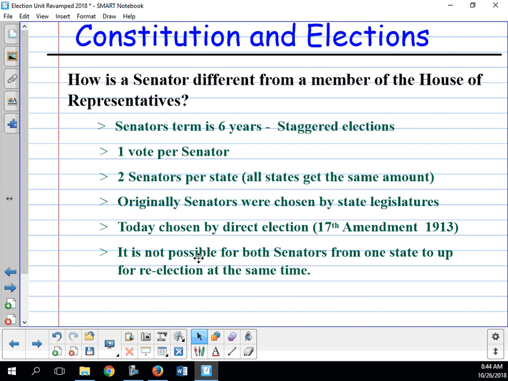Save it to your government folder. You do not have to upload it. Not at this point. Just save it. Do not close out either yet. We're going to discuss this for a few minutes.